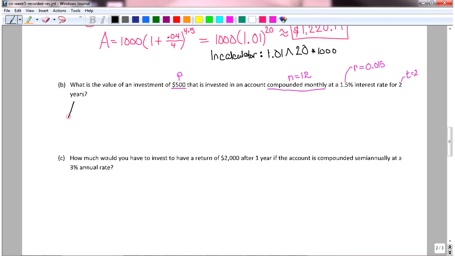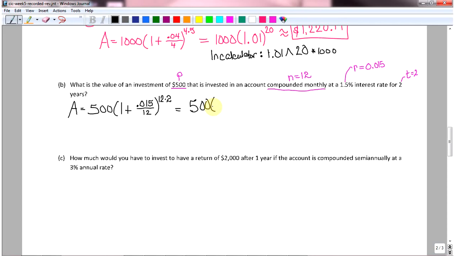So to find A, we plug in all of our values. We'll have 500 times the quantity, 1 plus R, which is 0.015, divided by N, which is 12, raised to the N times T, so 12 times 2. So again, I'm going to simplify this before putting it in the calculator.